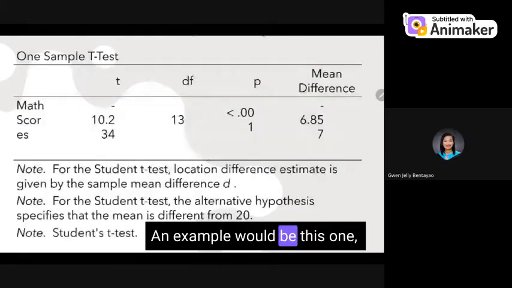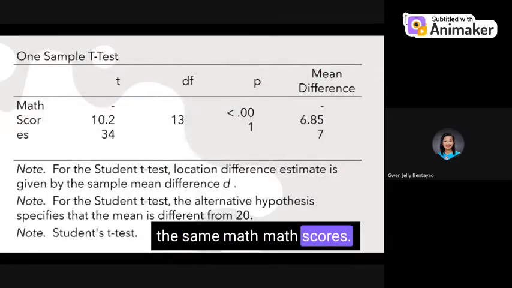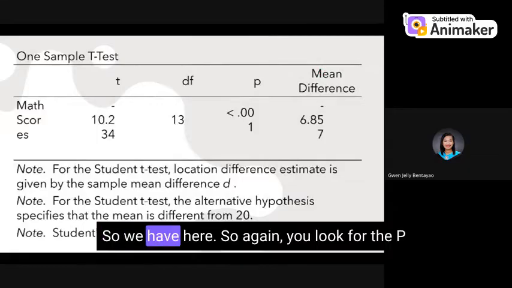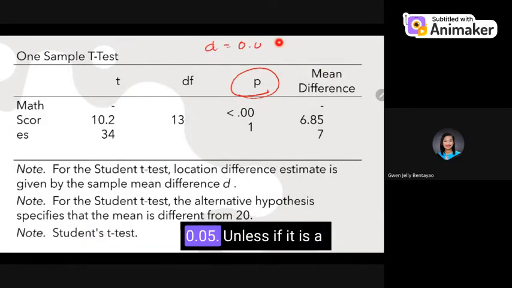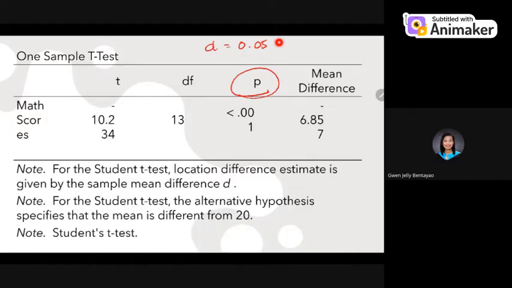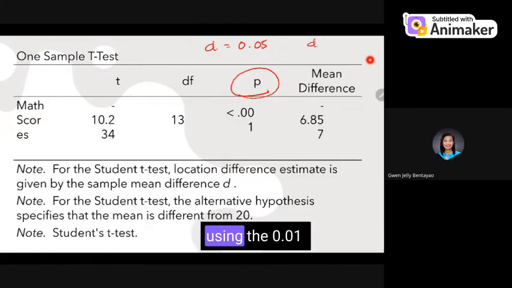An example would be this one. Let's say math scores. So again, you look for the p-value. Usually the tests are always conducted at a significance level of 0.05, unless it is a medical study, we will be using the 0.01, or as much as possible lesser than that.